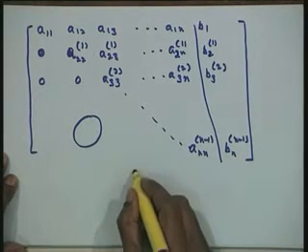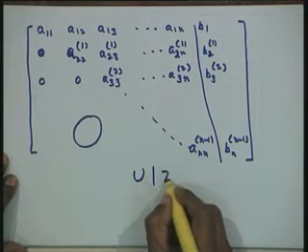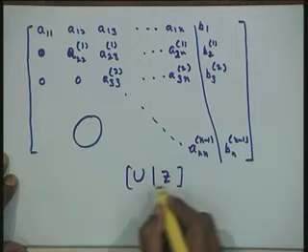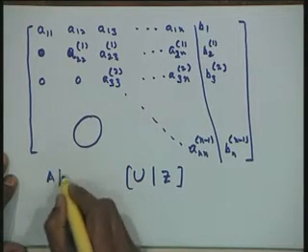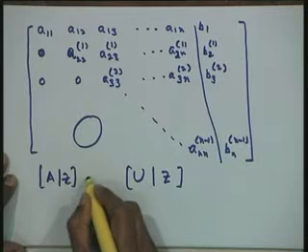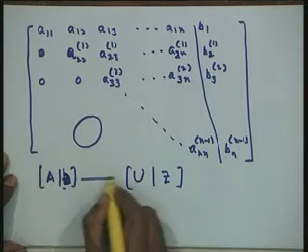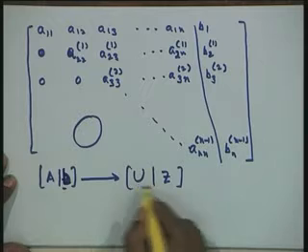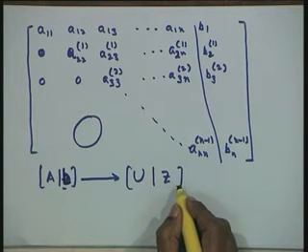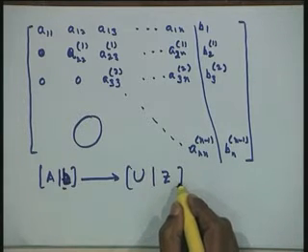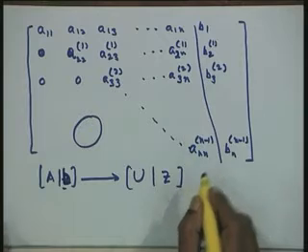Now this is an upper triangular matrix, and this is what we were saying, that the augmented matrix AB is now reduced to an upper triangular matrix U and the vector b tilde. Once we do this, the solution will be trivial.